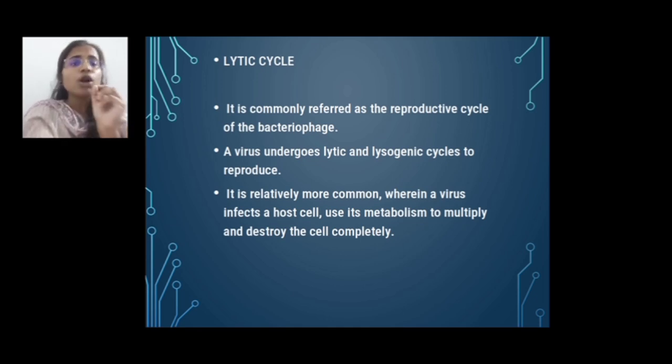The lytic cycle is commonly referred to as the reproductive cycle of the bacteriophage. The name itself, reproductive, means reproducing new ones. A virus undergoes the lytic and lysogenic cycles to reproduce. It is relatively more common for a virus to infect a host cell, use its metabolism to multiply, and destroy the cell completely.